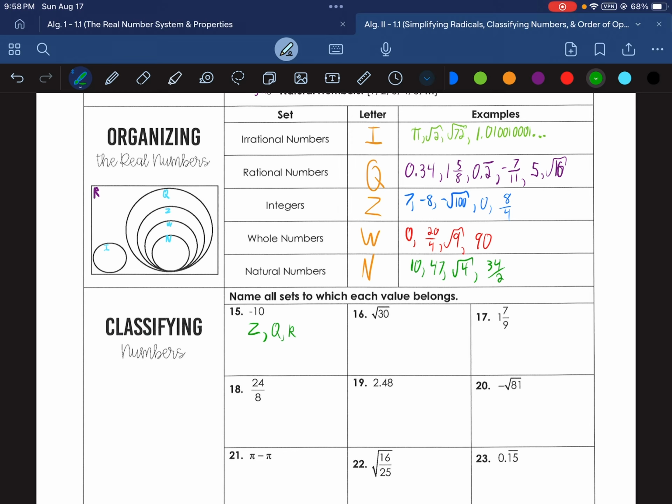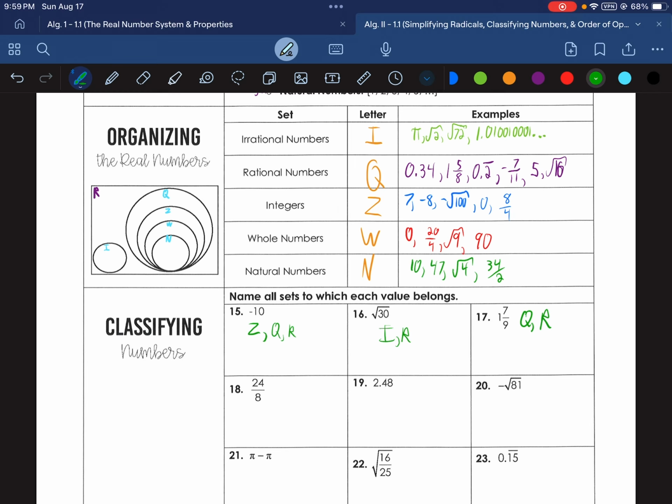So number 16, square root of 30, that is an imperfect square, meaning it's a decimal that will never end or repeat. So that will be irrational, and even though it's irrational, it's still part of the real number system, as we can see in this graphic over here. Next, number 17, we have the fraction 1 and 7/9. 7/9 does not reduce at all to a non-fraction, and so that means it is rational, but not any smaller groups.